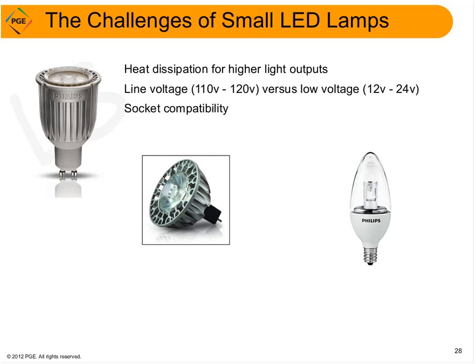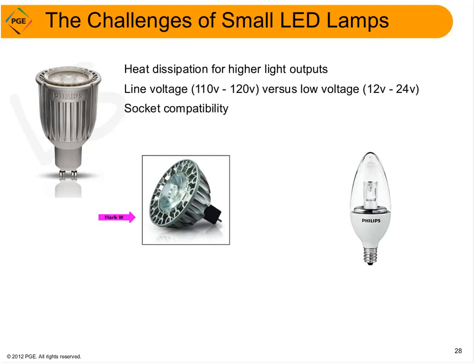Smaller LED lamps have some challenges. The PAR 38 and PAR 30 lamps, those larger ones, have an easier time dissipating the heat because of their larger size. However, it becomes much more difficult to manage that heat with smaller lamps like MR16s, PAR 16s, and these candelabra style bulbs. So currently you can find LED MR16s that replace up to 35 watt halogen MR16s.